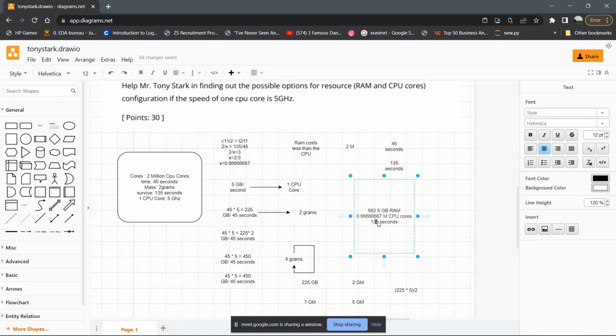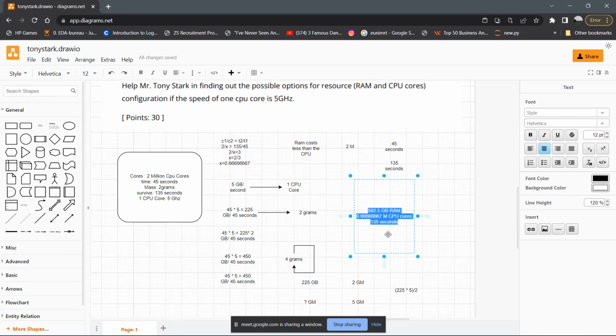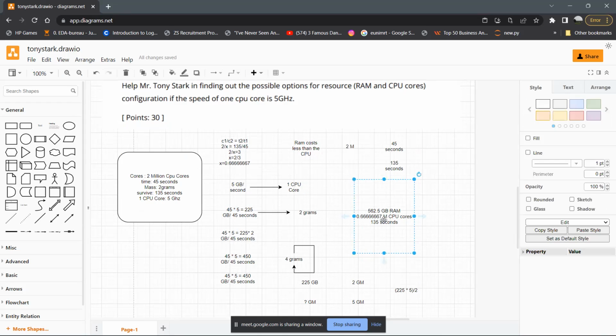This is an optimized solution, but we have to have some buffer for safety also, right? So you can just go for 130 or 131 seconds, which will increase the cost slightly, maybe 0.7 or something, but this is the optimized solution for now. Now why is this an optimized solution, Brandon?